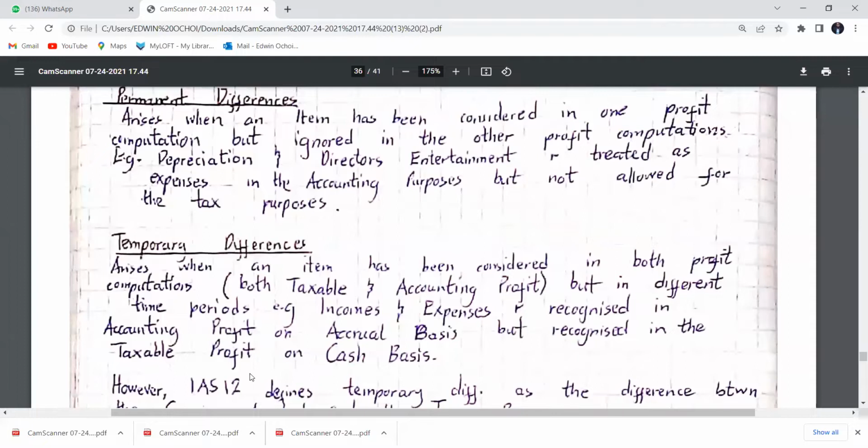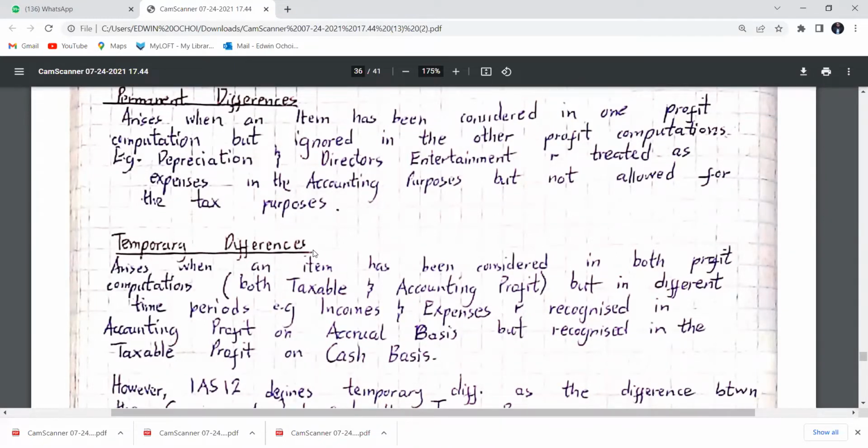Temporary differences, you find that yes, the item has been considered in both profit computations, that is both taxable and accounting, but in different time periods. That is based on accrual basis in accounting and cash basis.